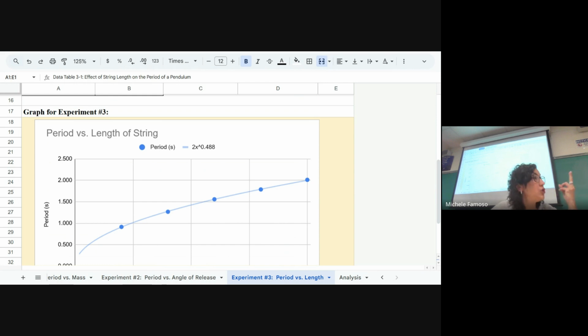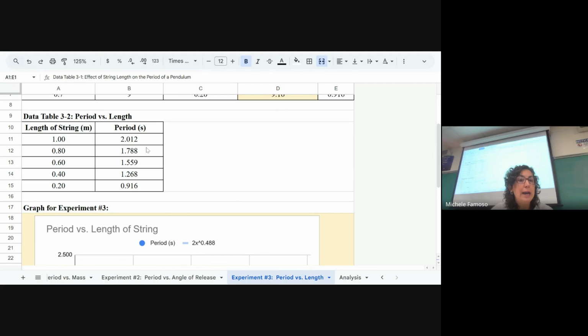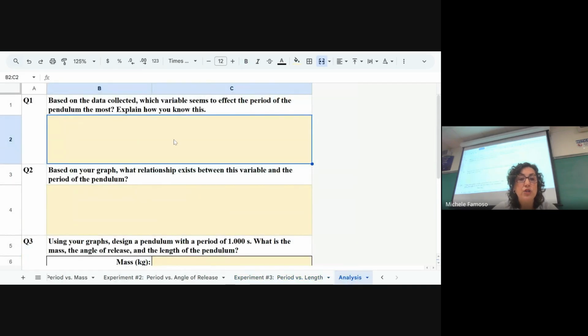Yeah, so there's 2 ways we can see it. Number 1, from the graph, we see that we get this parabola. Secondly, when I look at the data table, I can see that that has the greatest variation in the periods recorded, where everything else just changed by a little bit from trial to trial. Very good. So let's go ahead and answer that question in the yellow space.